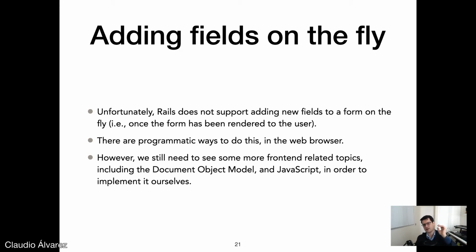So if you want these flexible forms in which you can add new fields by pressing a plus icon or a plus button, there are no natively supported ways to do that in Rails, and we have to resort to client-side programming with JavaScript in order to provide that. It is entirely possible, but it will require some customization and some programming that we will see how to accomplish in a couple classes.